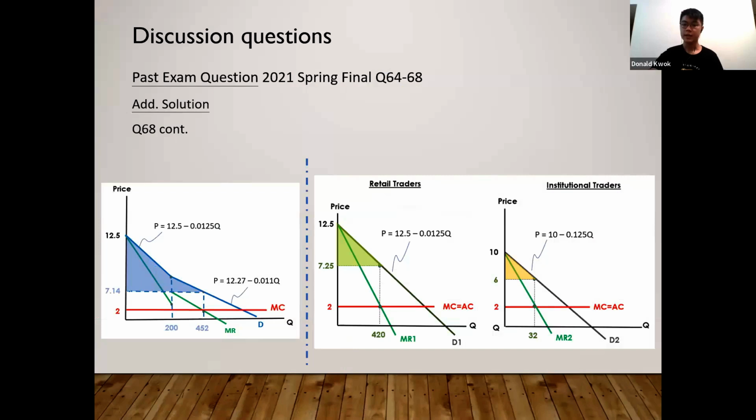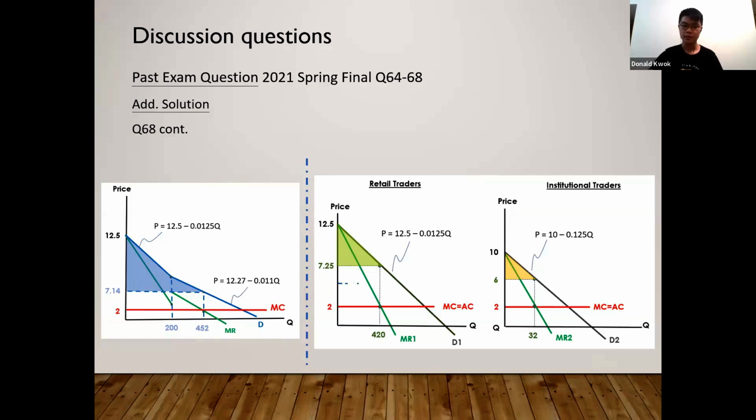So remember, it is actually a quadrilateral instead of a triangle because the combined demand curve is kinked. And you can also calculate the consumer surplus under the single price scheme using the individual demand curves.